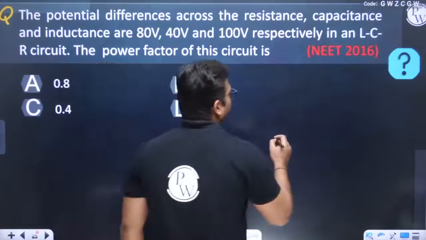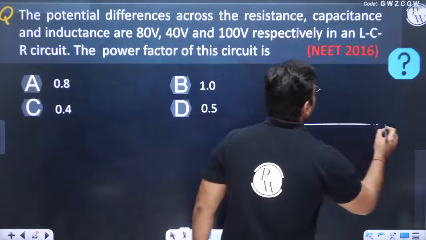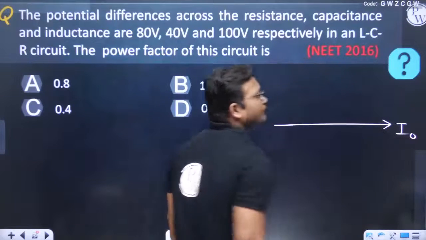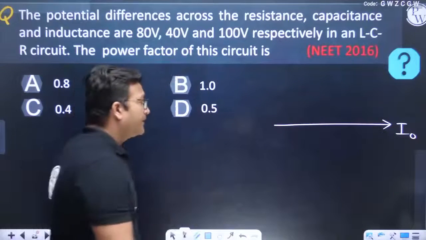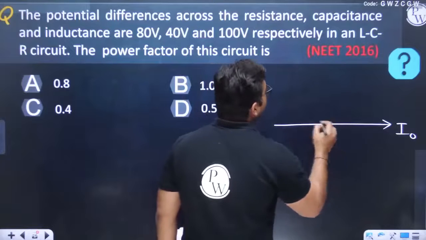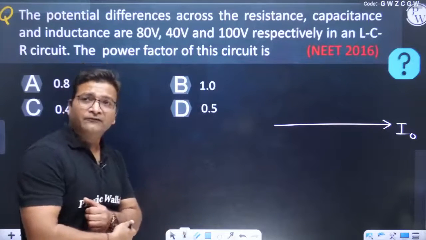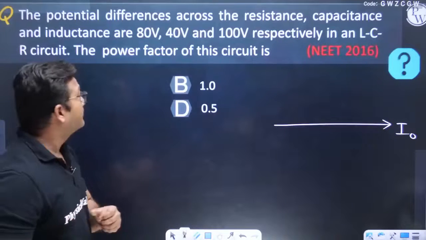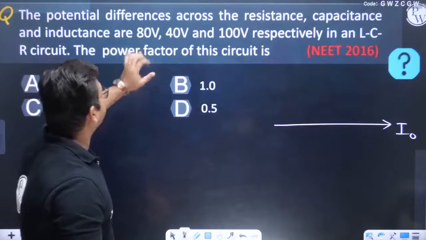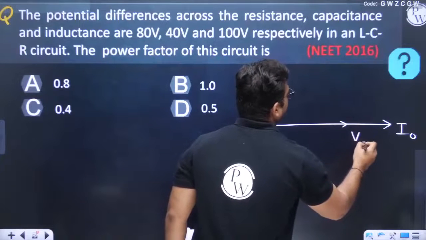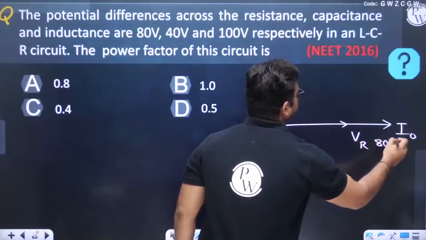So let us first draw the common phasor, that is current, because in a series circuit current is always a common phasor. And I think you remember the voltage across resistance is in phase with current. So voltage across resistance is 80 volt. So this is VR and it is 80 volt.